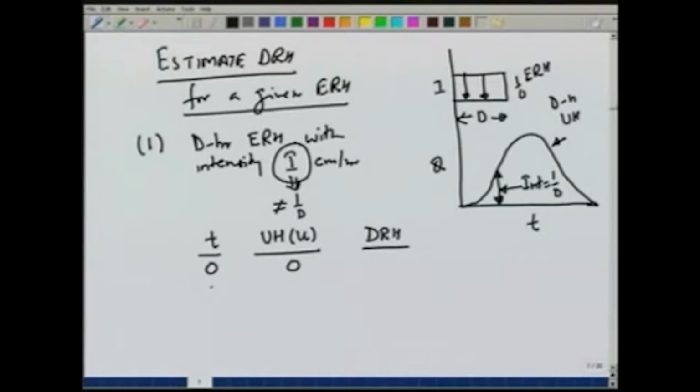Then we can have the time interval same as d, or half d or 2 d, whatever interval we want to take. Let us take the interval as d. Then at time t equal to d, the ordinate of the unit hydrograph is u 1, at 2 d it is u 2, and so on.